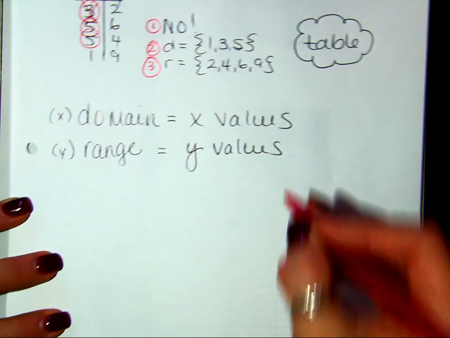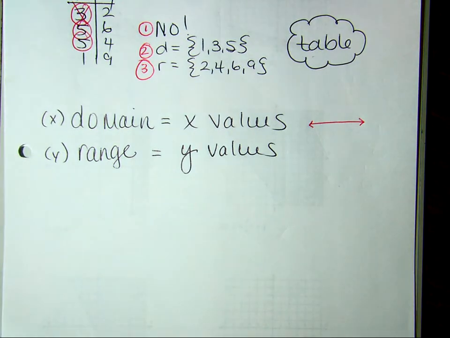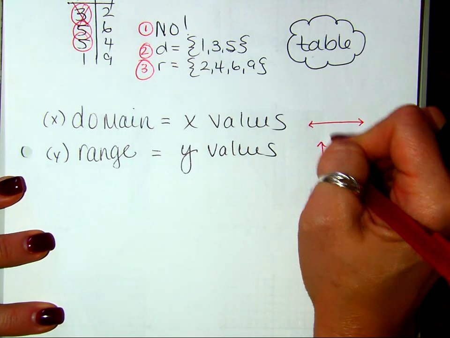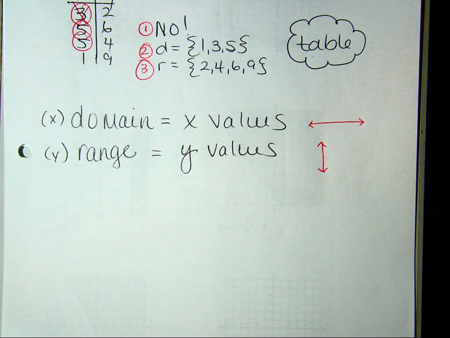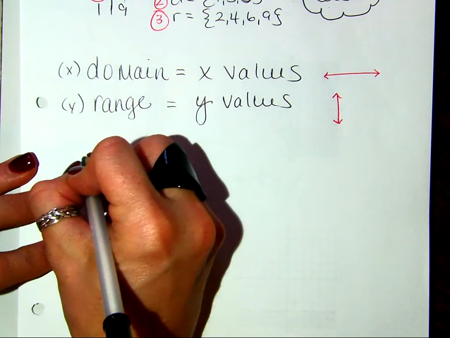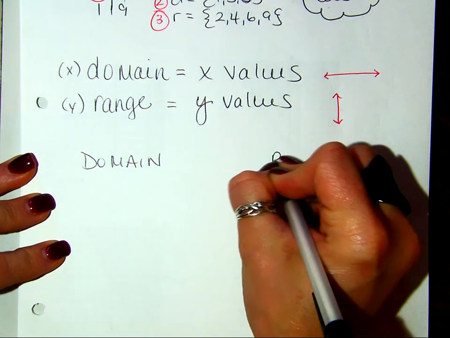What direction does the x-axis go? Horizontal. It goes from left to right, correct? The y values go from top to bottom, vertical, up and down, all right? So as I'm asking you to look at the graphs that I'm about to give you, I want you to think about the domain, make 2 little columns, and the range.